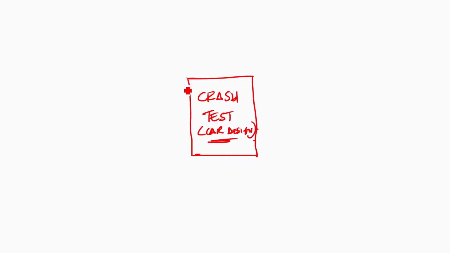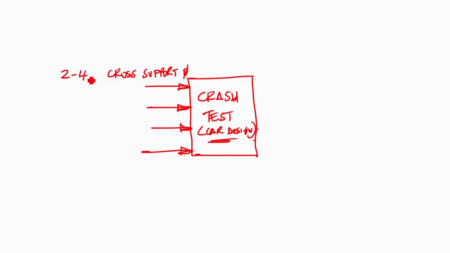So on the input side of this process, we have 4 variables in the design that we can adjust. The 4 variables are the cross support diameter, and that can be varied from 2 to 4.